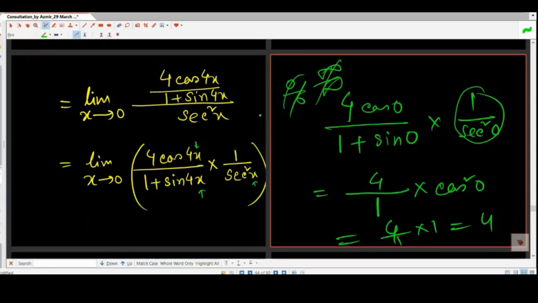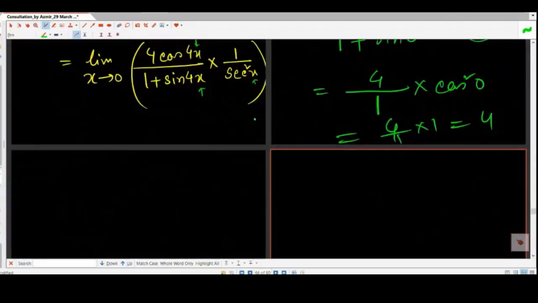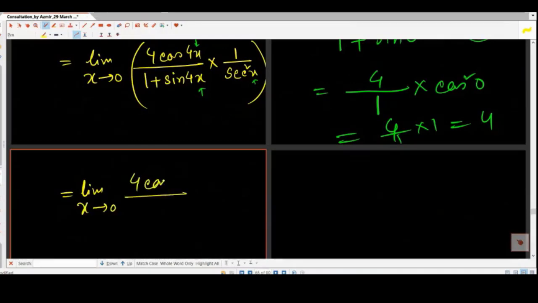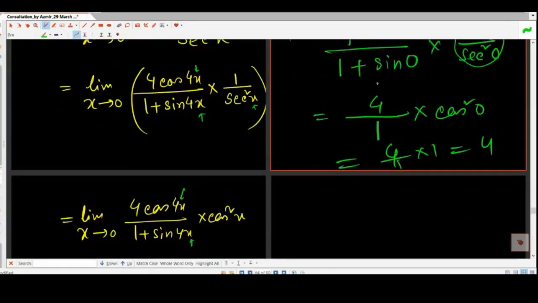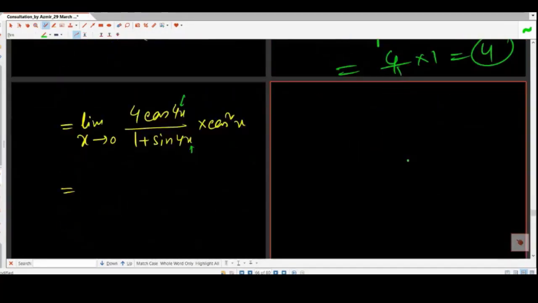That means we can stop here. So limit x tends to 0 of 4 cosine 4x over 1 plus sine 4x times cosine squared x, if we input the value of x, we have seen that it will be 4. So finally, we will get 4.